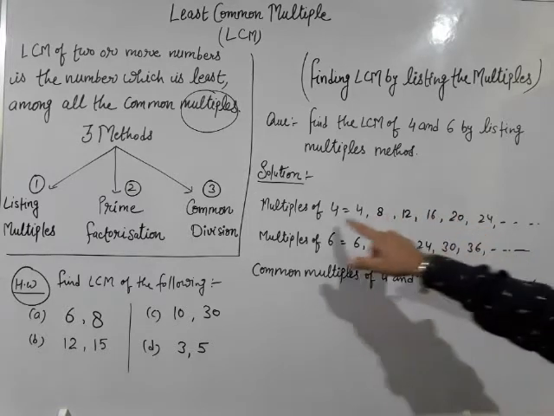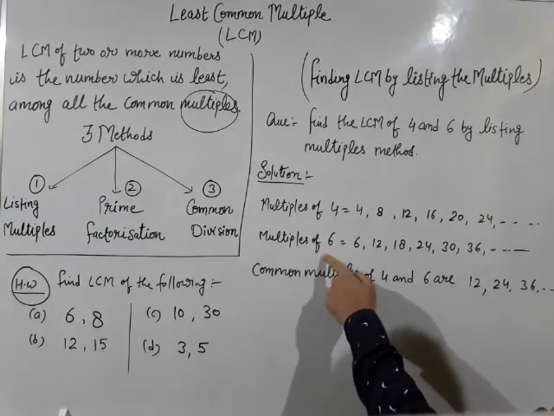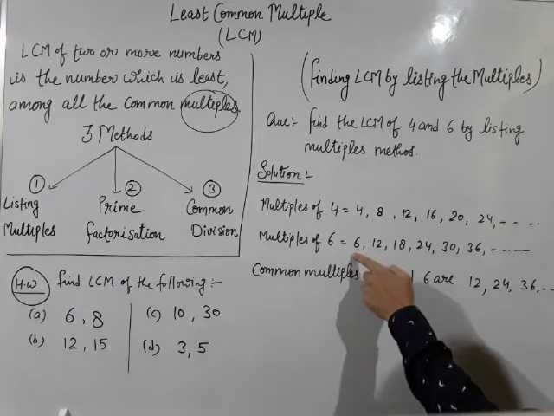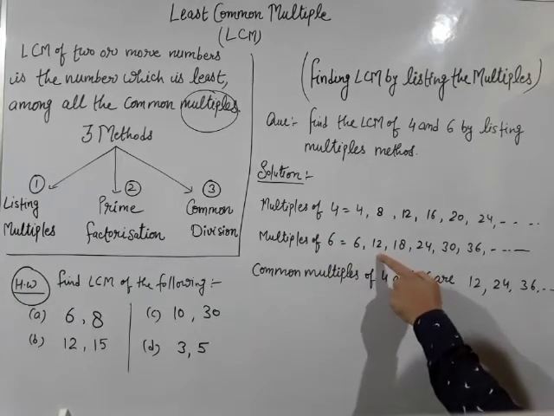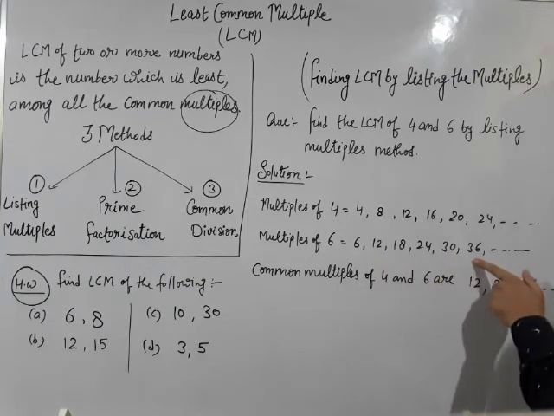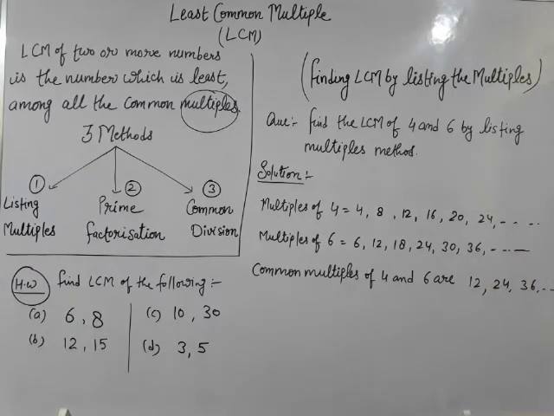These are the multiples of 4. Multiples of 6 means we need to write the table of 6. 6 ones are 6, 6 twos are 12, 6 threes are 18, 6 fours are 24, 6 fives are 30, 6 sixes are 36, and so on, up to infinity. Yes, we can write up to infinity.